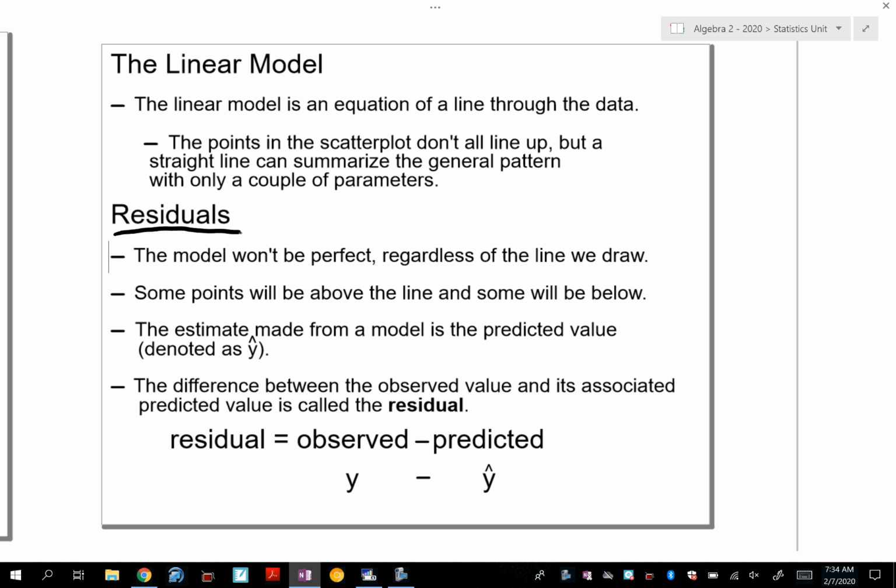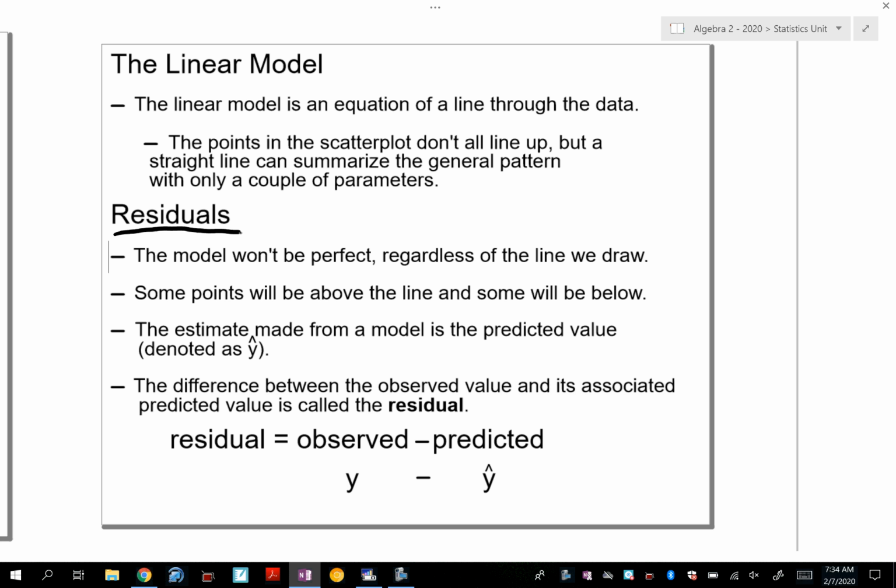Okay, so a residual is always the actual value that you observed. So it's the observed Y value that actually happened, minus what the model predicts should have happened. That difference of what actually happened minus what the model predicts should have happened is called a residual. And the reason I bring this up is because it's really cool.